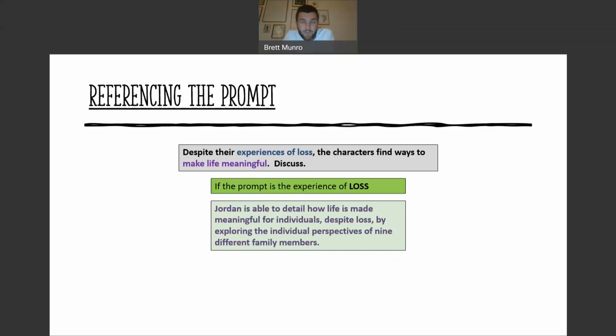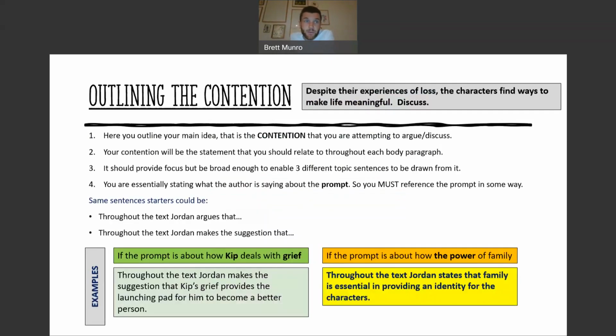So far, we've included our introduction of the text and our references to the prompt. We now move into our outlining of the contention. So what you'll have noticed here is that we start out really big, we're talking about the whole text, then we narrow it in a little bit.